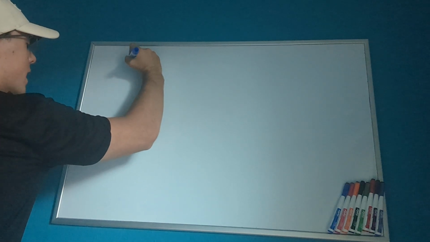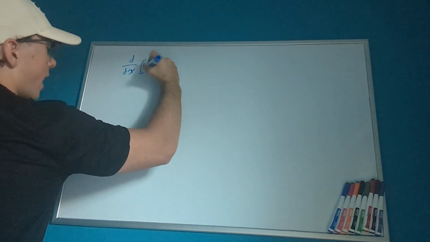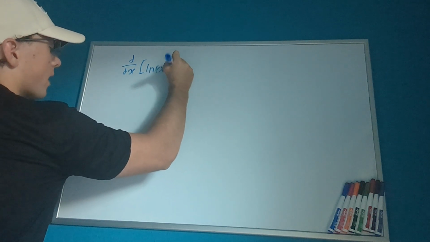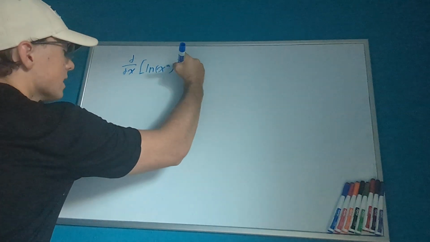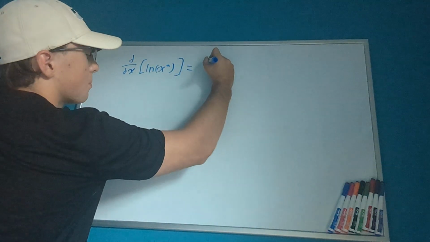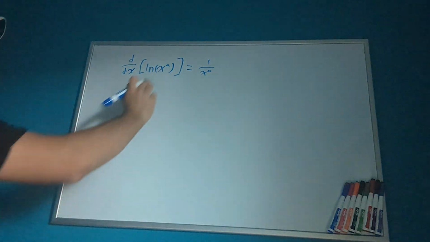We're going to take the derivative of the natural log of x to the a. We start by taking the reciprocal of x to the a, which is 1 over x to the a, times the derivative of that.